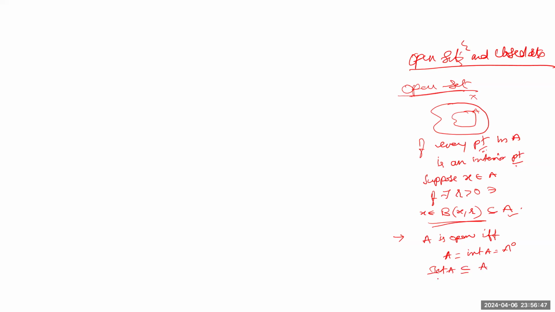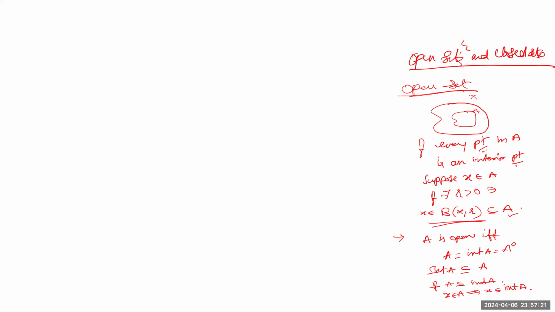So if you want to prove that A is open, you have to verify that A is a subset of the interior of A. That is, take an arbitrary element x in A, which implies x belongs to the interior of A. That is one procedure to show that a given set is an open set, right?